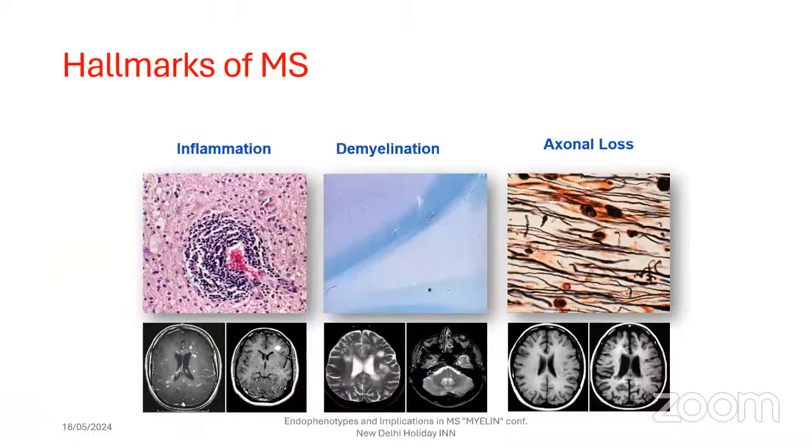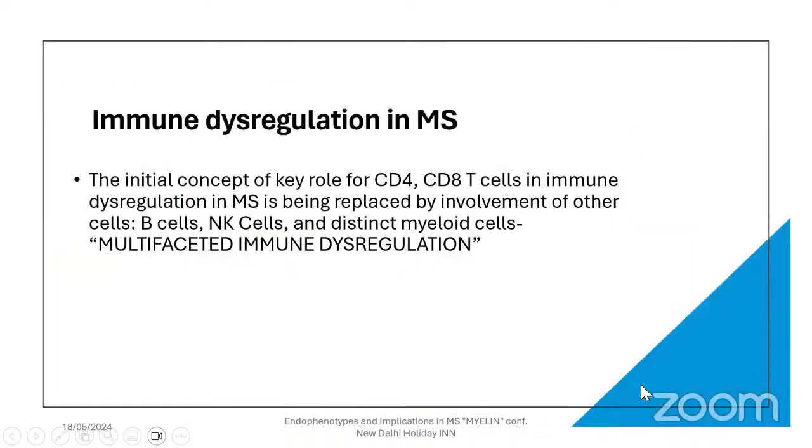The hallmarks are three: inflammation, which can be seen in the histopathology and also on neuroimaging; demyelination; and axonal loss, which is seen as black holes on MRI. The initial concept was that this demyelination is due to immune dysregulation, with a key role for CD4 and CD8 T cells.